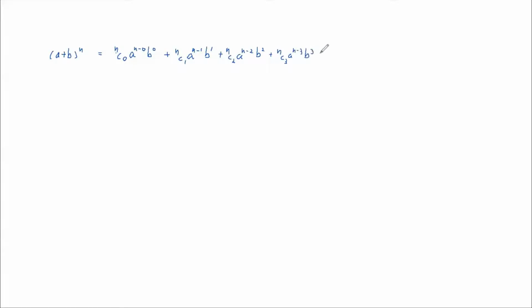It's in an ordered pattern, not hard. So nC4 a power n minus 4 b power 4. Keep doing plus, plus, plus until the last term is nCn a power n minus n b power n. Now we try more examples here.